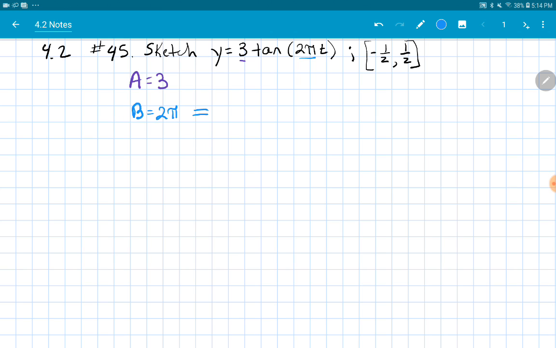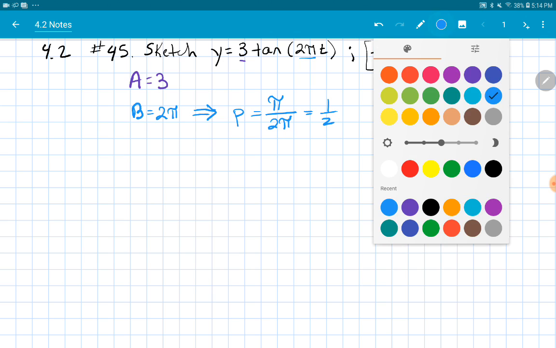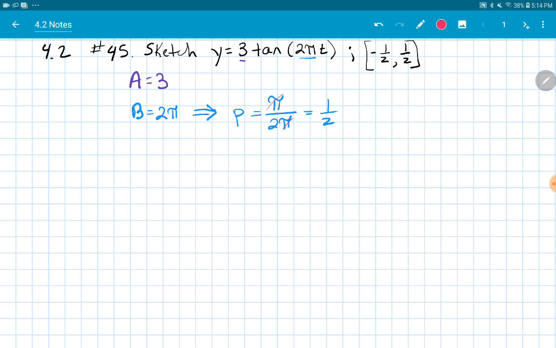The fact that b is 2 pi tells us the period. The period is the period of tangent, the parent function, over the absolute value of b, which is 2 pi. That simplifies to 1/2 as the pi's will cancel.